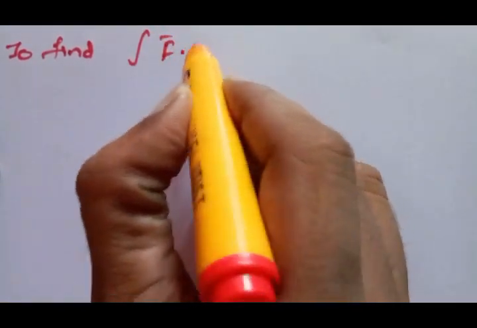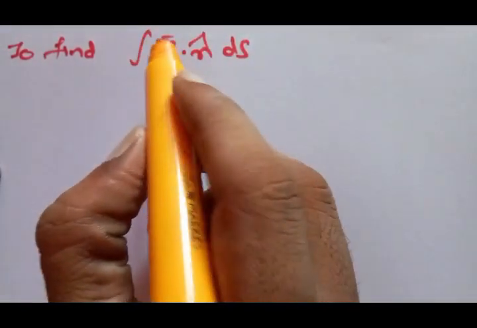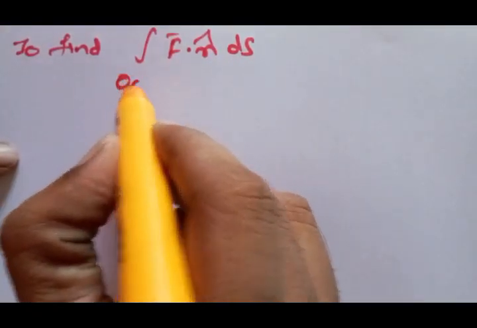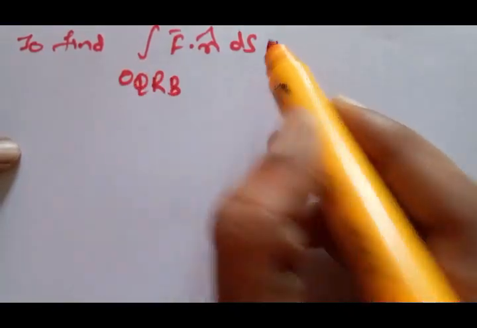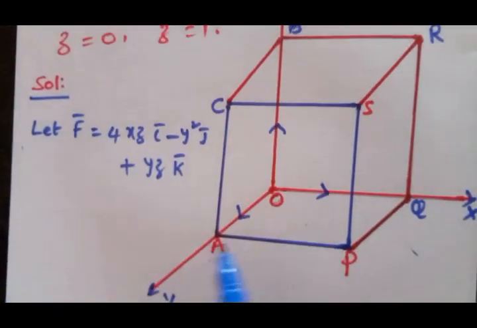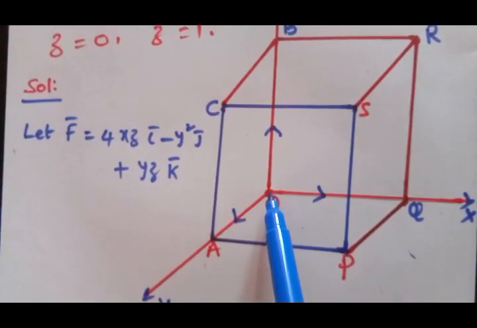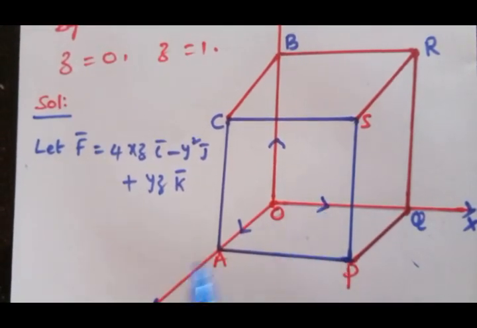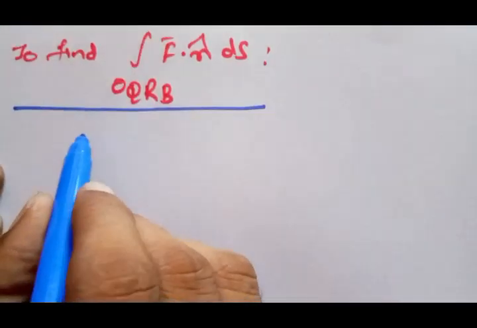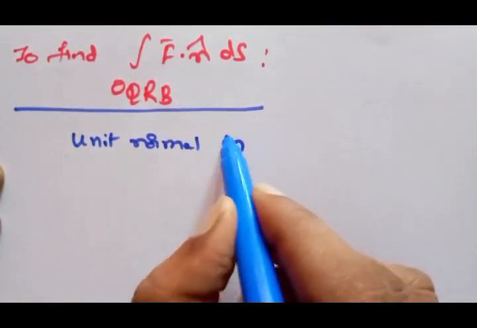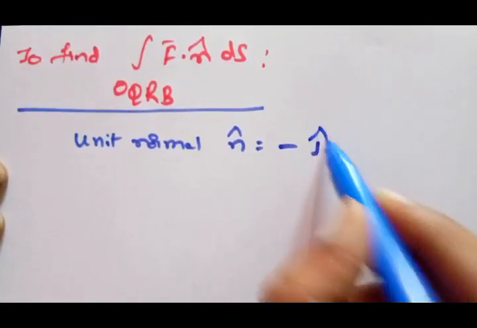To find the integral of f bar dot n cap ds along the back side face, that is OQRB, along OQRB backside portion, for this the negative y-axis is the unit outward drawn normal to this face. Now unit normal n cap is minus j cap.